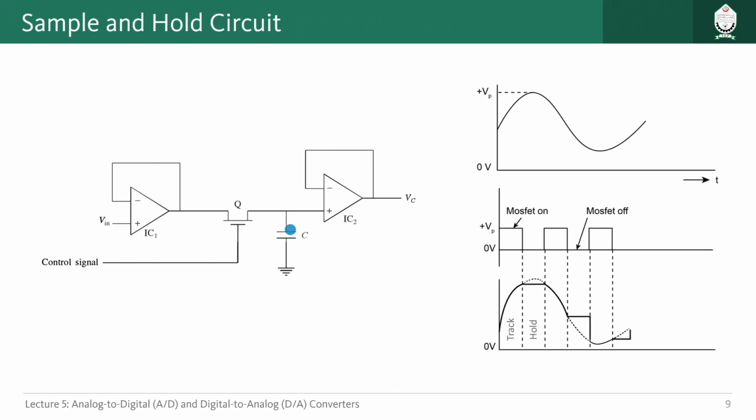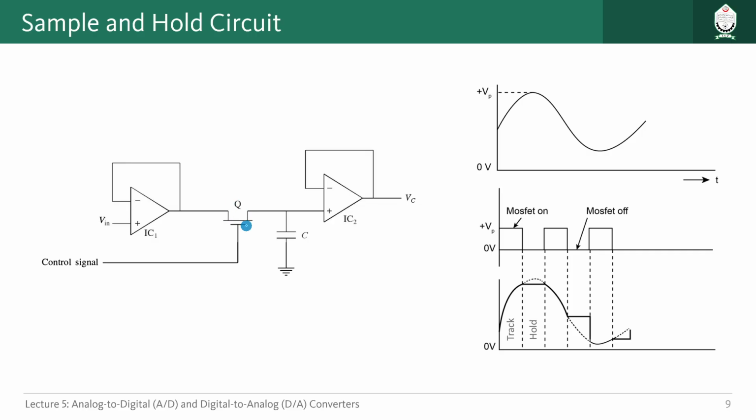And you will see that this is the final circuit. Because we cannot manually control the switch on and off to get this kind of behavior, for some of the duration we are tracking the input voltage, and for some of the duration we are holding the voltage. So we have to close this path for tracking mode and open this path whenever we are holding the voltage, right? And how does that happen? Using this kind of MOSFET.